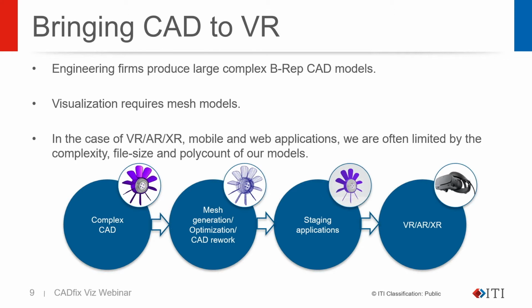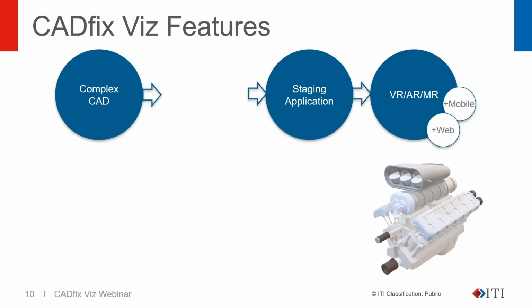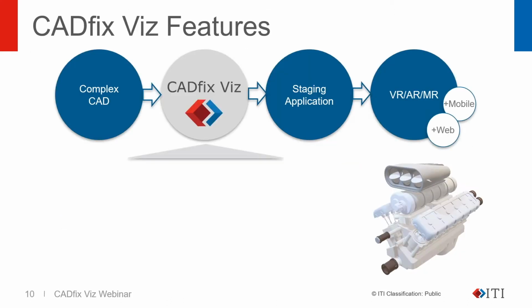So this second stage in this flowchart here, the mesh generation, optimization, and CAD rework, is a bit of a bottleneck at the moment in this process. We want to eradicate that bottleneck so we can quickly convert our complex CAD and bring that into our VR visualization world seamlessly. And that's where CADfix Viz fits in.